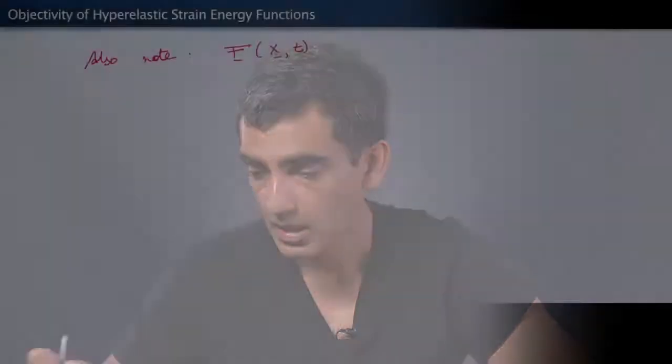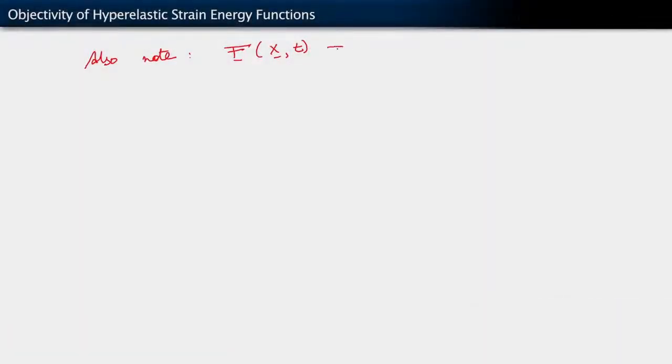So F, a function parameterized by x and t, implies that each of our rotation and stretch tensors also are functions of reference position and time. They also can be inhomogeneous, right?